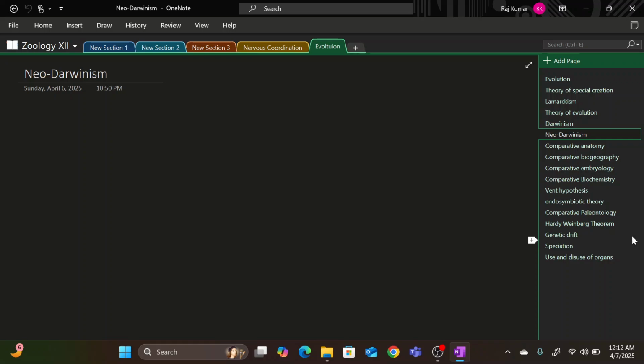So there is a field named population genetics. Population genetics is a field of biology that is based on the principles of neo-Darwinism. It combines two fields: one is genetics, and the second is evolution.